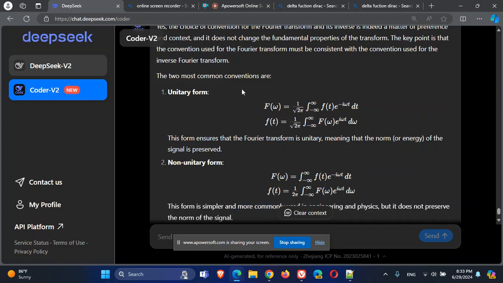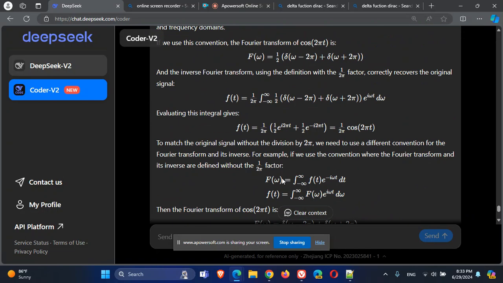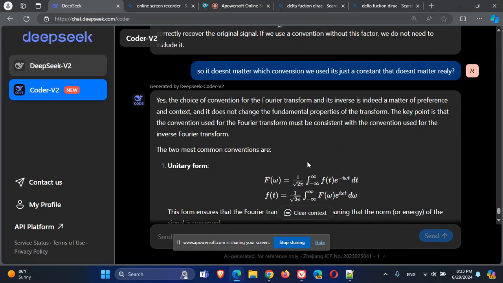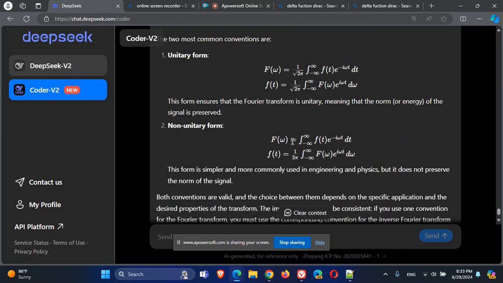You can see the coefficients are different, but except for this, the formulas are the same.